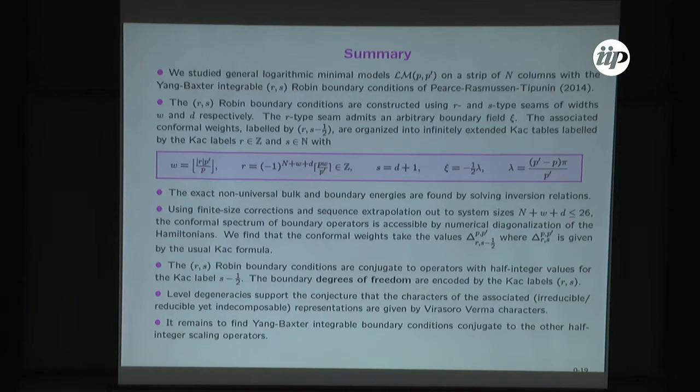These are the labels that encode the boundary degrees of freedom. These are just the widths of the integrable seams. W and D are the widths of the integrable seams of type R and S that you use to construct the RS boundary condition. The R-type seam admits an arbitrary boundary parameter, which you can vary.